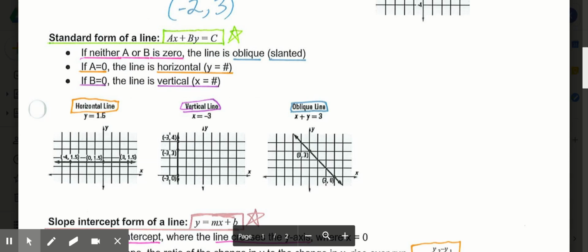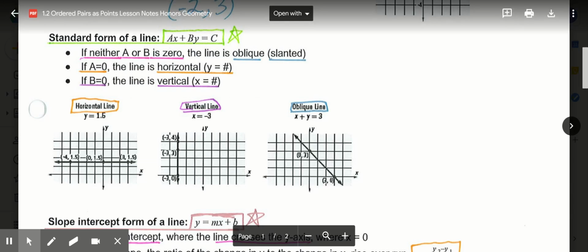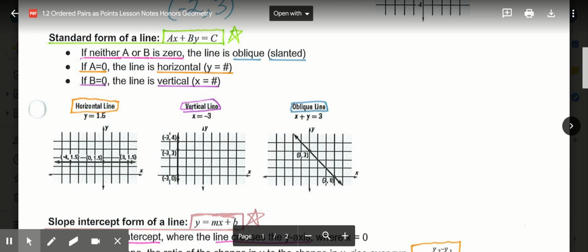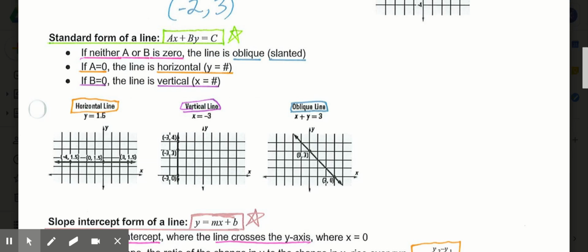And then if b was 0, the line ends up being vertical, meaning x would equal a number other than 0 in our equation. So our equation for a vertical line could be something like x equals -3. So anytime b equals 0, anything times 0, so that y times b would cancel, leaving us with then the x equals our value, so x equals -3.